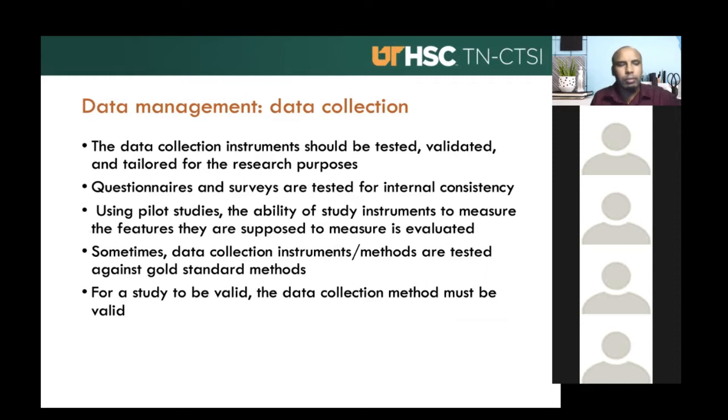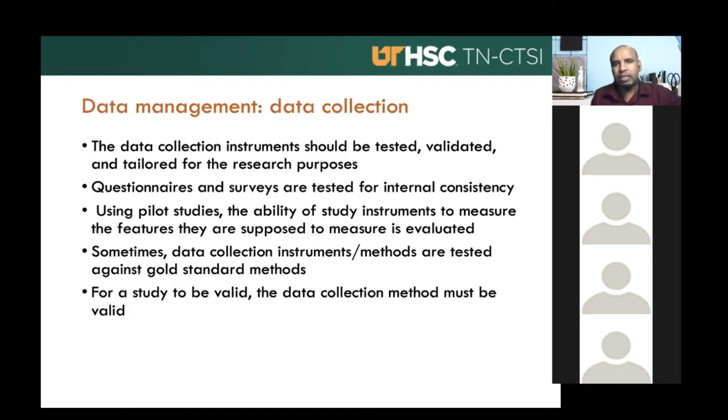So sometimes we conduct pilot data collection and validate that the questionnaires are valid and will measure the property that we are trying to measure. So questionnaire validation or data collection instrument validation is one important aspect when we discuss data management.